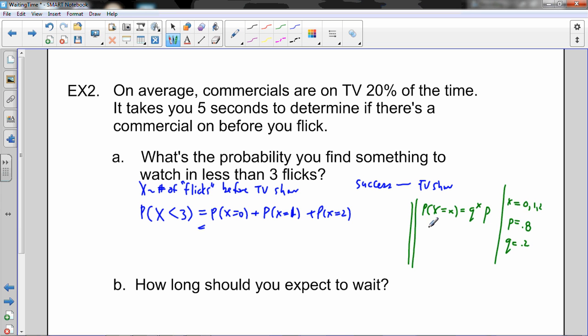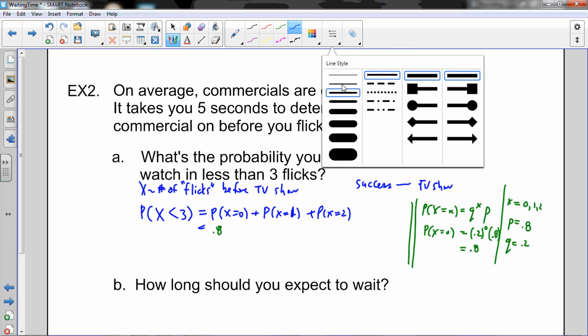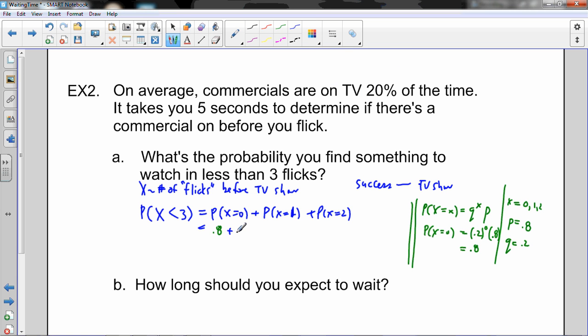So here we go. If I wanted to find out the probability of 0 flicks, that's 20% to the power 0, but no flicks. That's sort of like turning on the TV and there's already a show on. That's 80% of the time, right? So this one here is 0.8. And if I put in 1 for this formula, I get a similar little calculation, and I get 0.16, and for 2, 0.032.